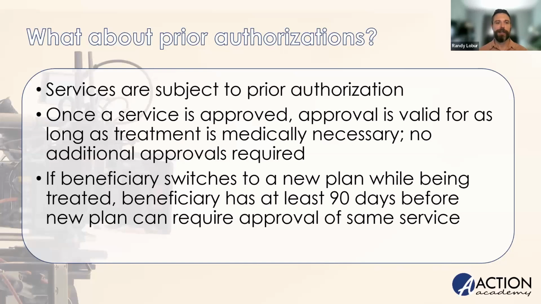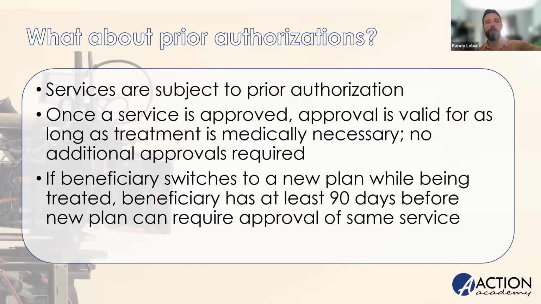Emphasis on the should, because we all know that sometimes that appeals process, that prior auth process, can be a bear to get through with some carriers. We should also note that for DSNP beneficiaries, because they have access to right now quarterly, but maybe soon to be monthly SEPs to change plans, if a beneficiary does switch to a new plan while they're being treated for a condition, the beneficiary has at least 90 days that they can continue treatment under that new plan before that new plan can require approval for the same service.